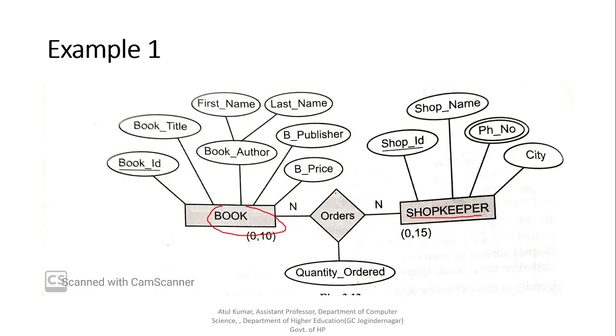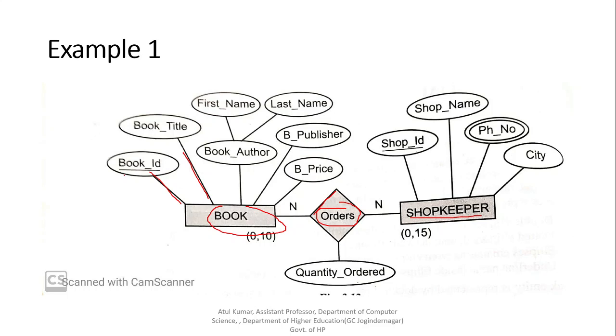Next we have a diamond shape, which is used to represent a relationship, and orders is the name of the relationship. We have different kinds of attributes for the book entity, like book id, book title, book author, book price, book publisher, and last name.